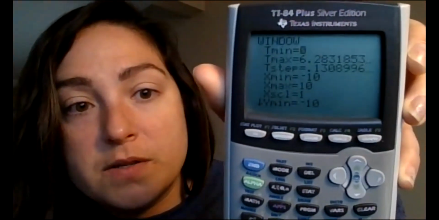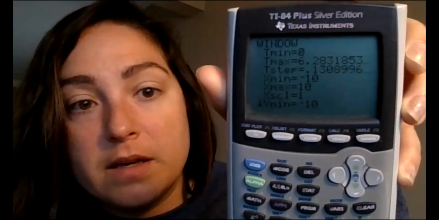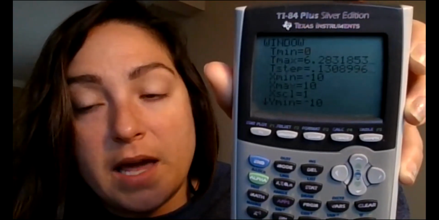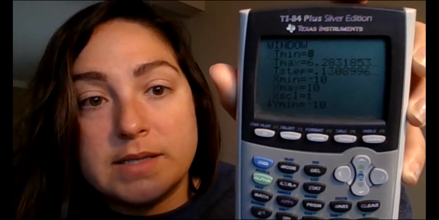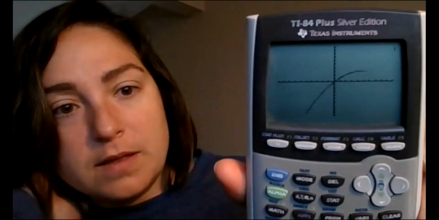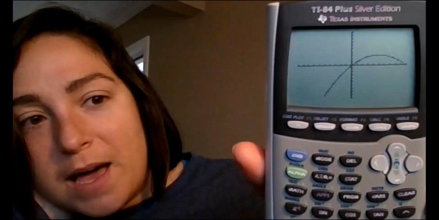I want to change this so that we have positive and negative time. So I'm going to make t min -10 and t max +10, and I could leave my t step as 0.13. So now when I go to graph, there we go. We get both sides of that parabola.